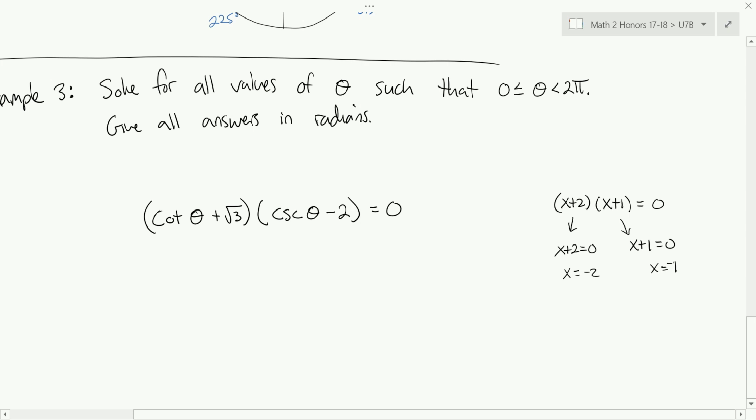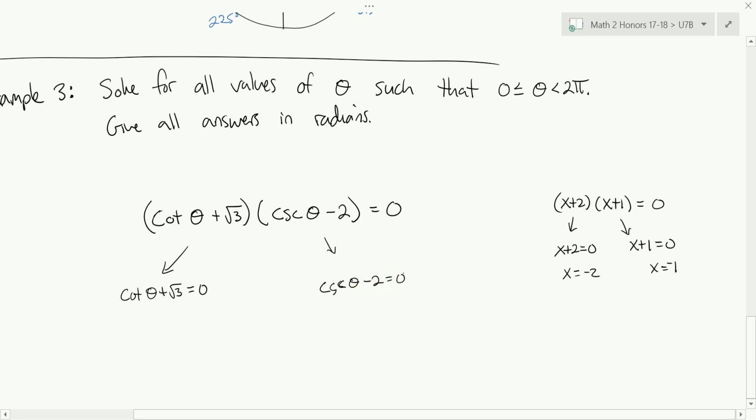That's what's set up for us here. We have two factors that are set equal to 0, and so we can separate them into two easier problems to work with. One is that the cotangent of theta plus root 3 is 0, and the other is that the cosecant of theta minus 2 is 0.